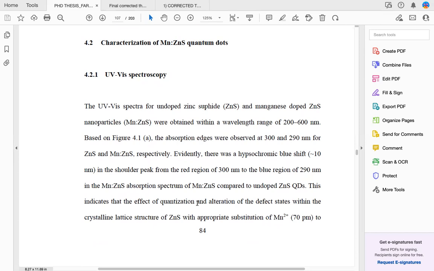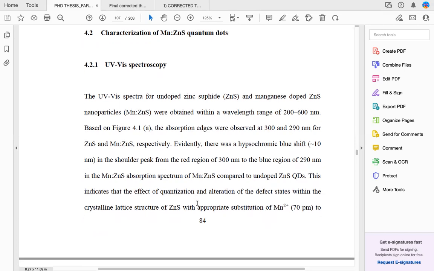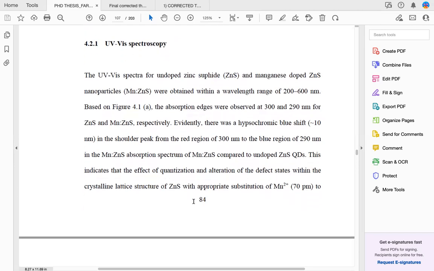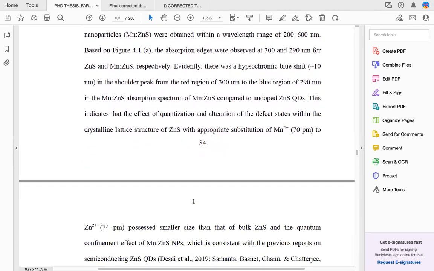First, describe the result, and second, what is the meaning of the result, similar to what the first example is. So this indicates there's an effect of quantization and alteration because of the doping process. Remember the doping, this is undoped, this is the doping with manganese. So there is evidence of quantization from the UV-vis spectra.